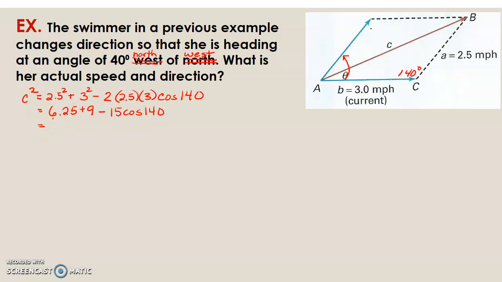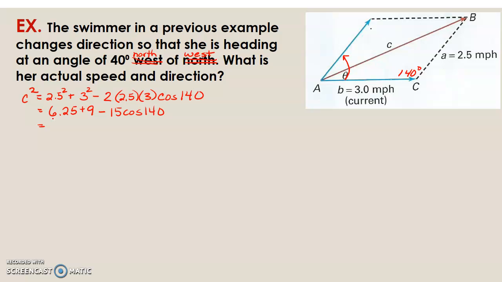I think it's time to break the calculator out now. You're going to have 6.25. Let's do 15 cosine 140 first. All right, that's negative 11 point whatever, plus 9 plus 6.25.